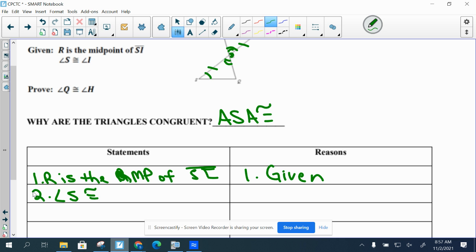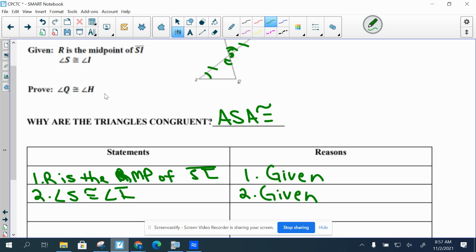Angle S is congruent to angle I, given. All right, what could we say next in our proof? We're going to try to prove that the triangles are congruent using ASA, but before we do that, we need to say what all of these things are. And then once we prove that they're congruent, we can use CPCTC to say that the other angles are congruent.